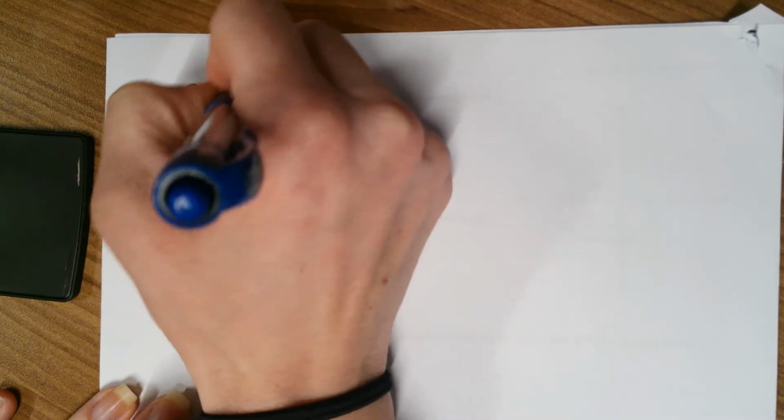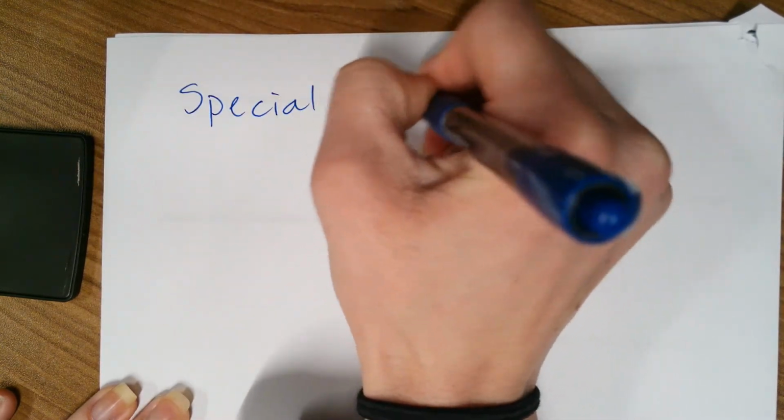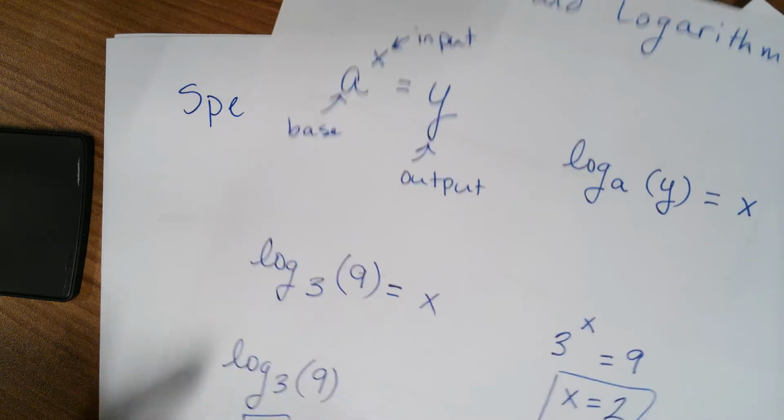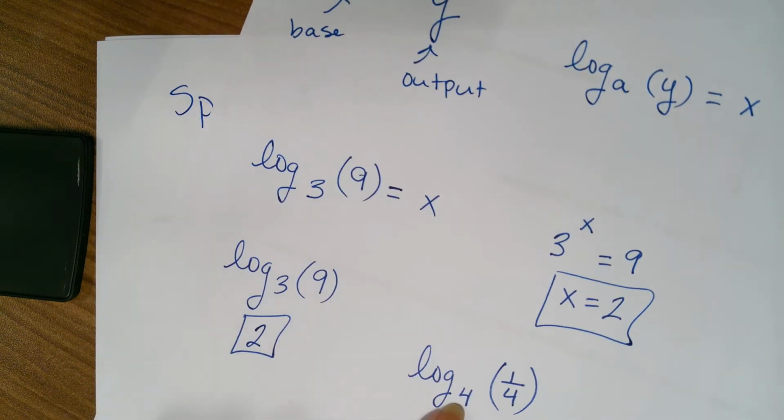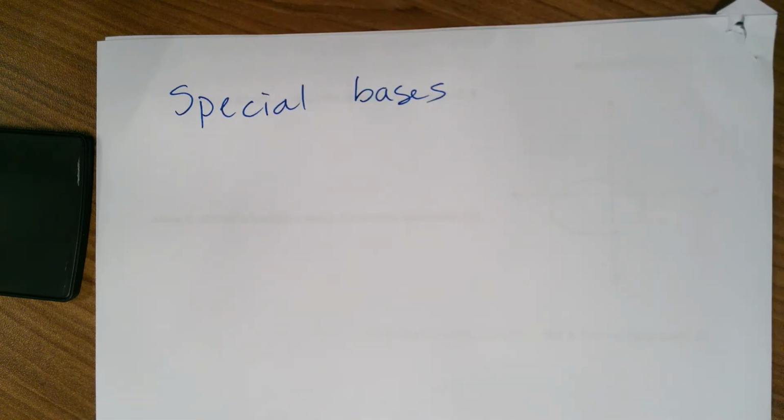All right, so we can also use converting between the exponential and the logarithmic form, not just to evaluate the logarithms, but to solve some basic logarithmic equations. Before we move on to that, let's look at a couple special bases for the logarithms. So with most bases, you're going to see it. Like this has a base of 3, got it. This one has a base of 3, this has a base of 4, but there are some special or common logarithms where the base is just implied, but it's not written out.